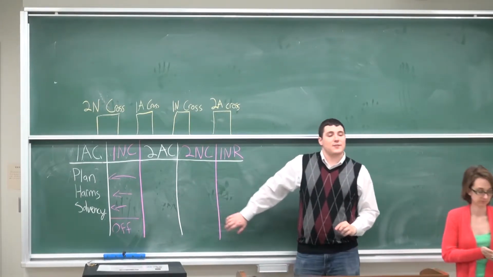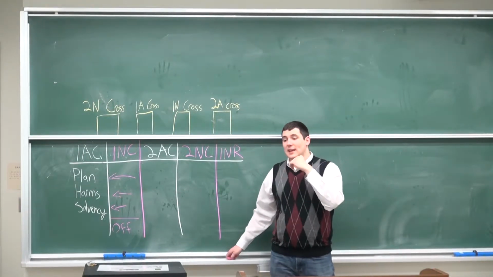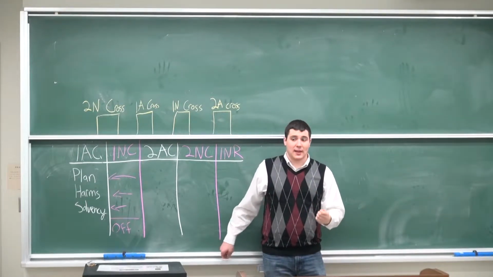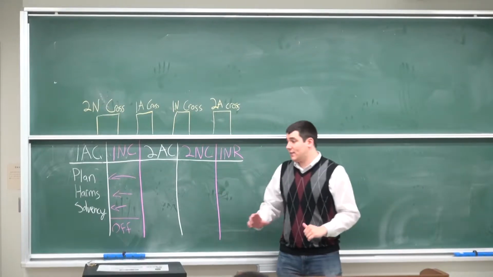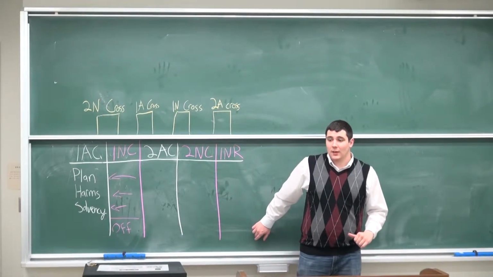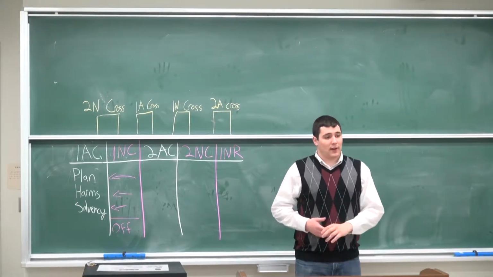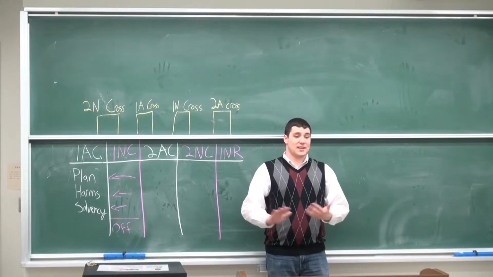This next part of debate can get a little confusing. It is called the negative block, and it's called the negative block because the negative team, the negative debaters, speak twice in a row. We do this because, as we talked about earlier this morning, the affirmative team has a lot to do.